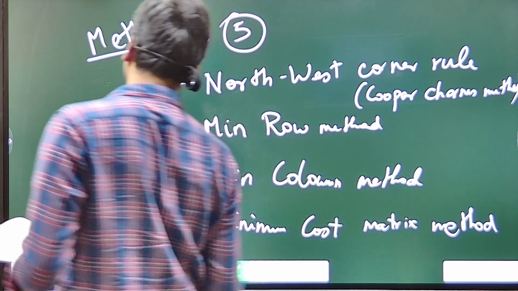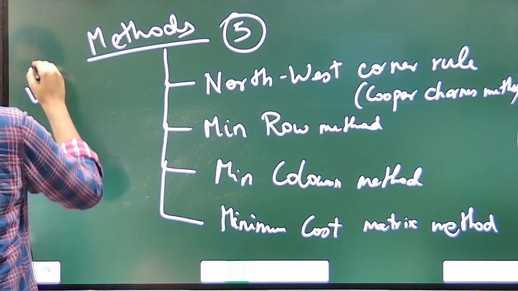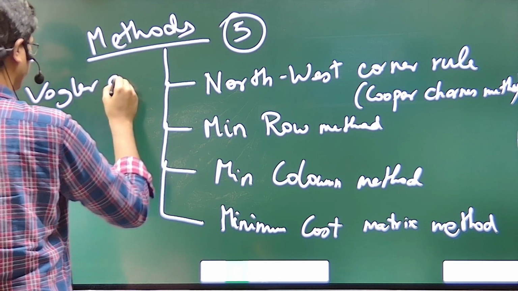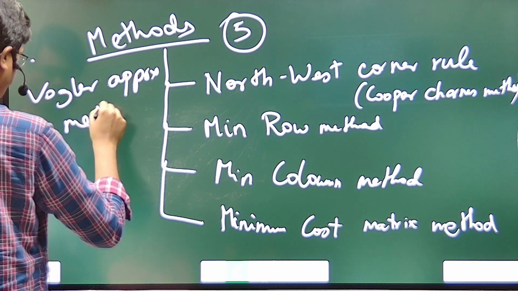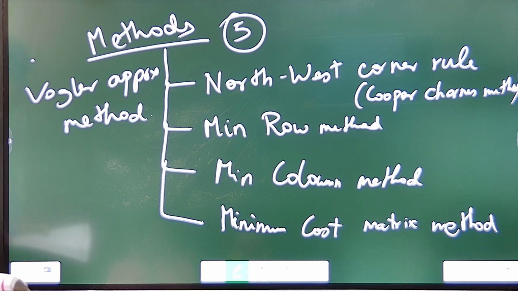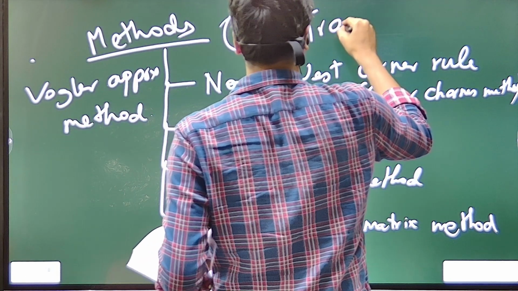And the last is the Vogel approximation method. So these are your 5 methods of transportation problems.